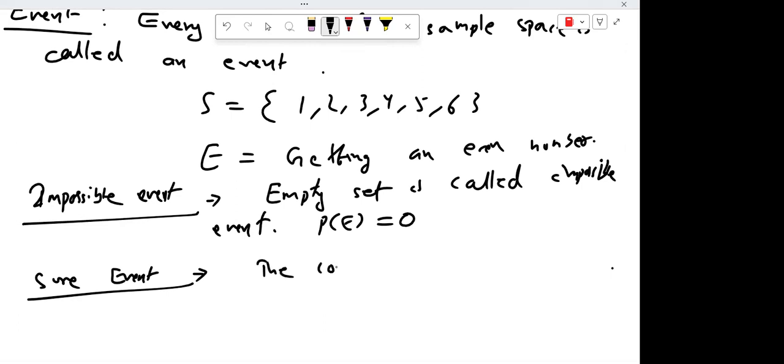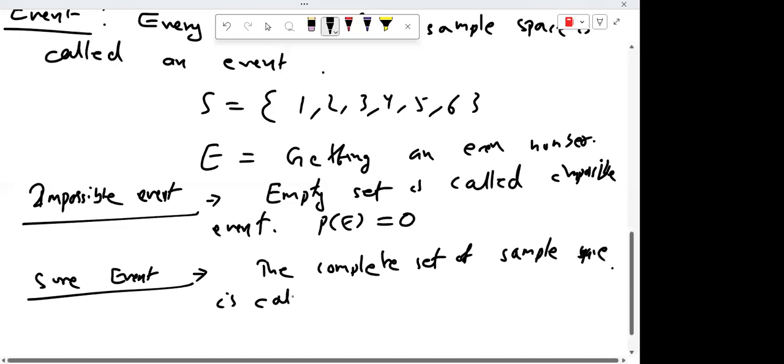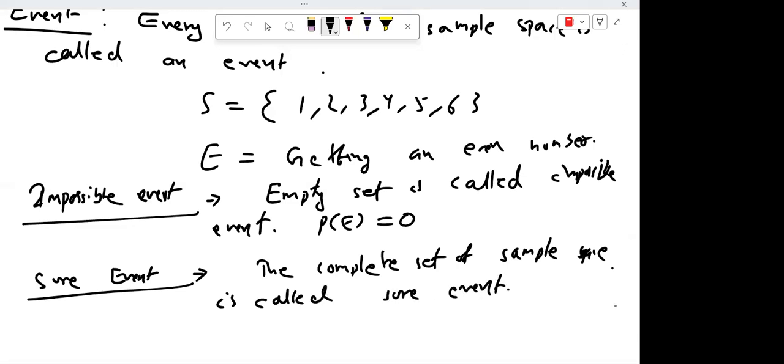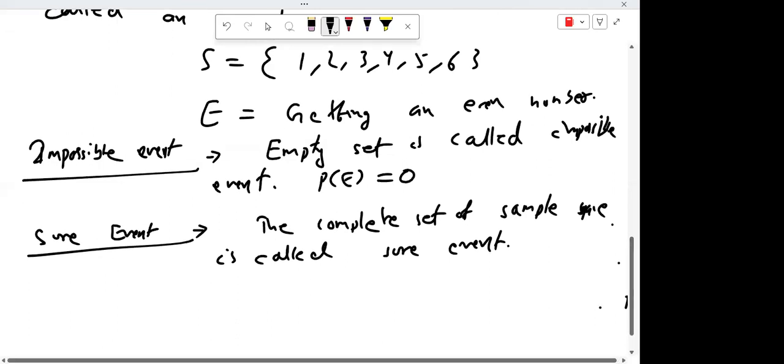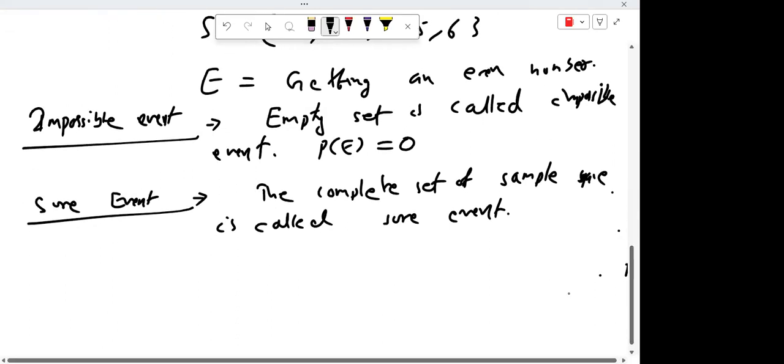The complete set of the sample space is called a sure event.